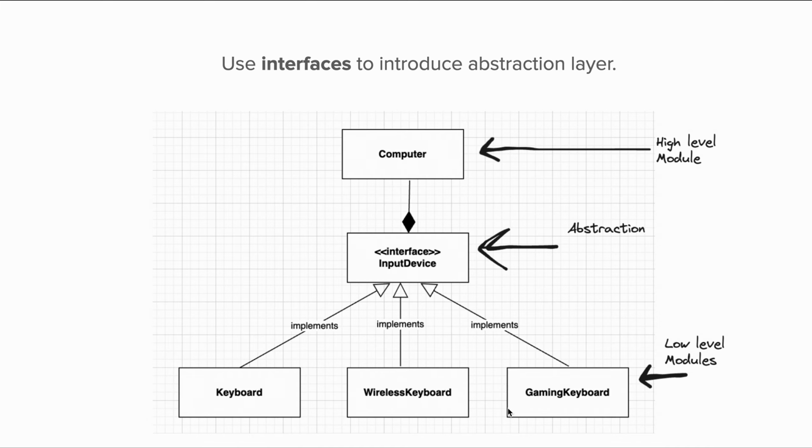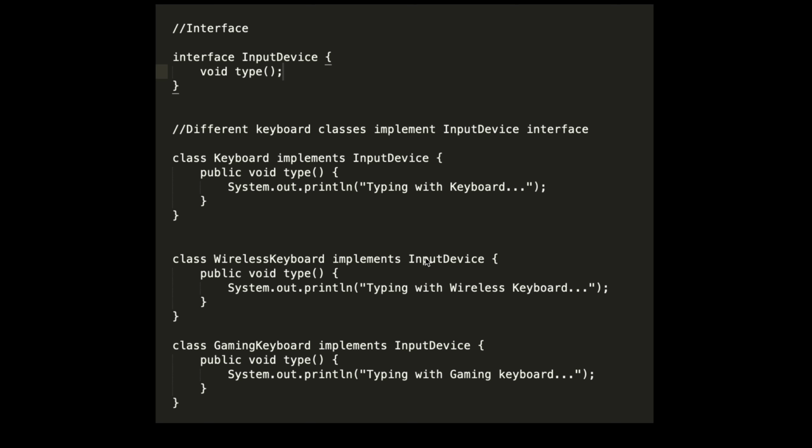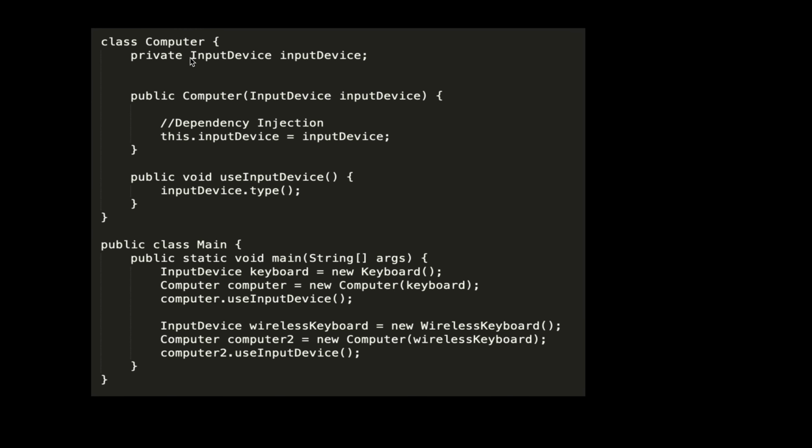Let's see the code implementation after introducing input device interface. So we first define this interface input device, and it has only one method type. So different keyboard classes implement this interface. So keyboard, wireless keyboard, and gaming keyboard, right? And now let's see the computer class, and now you can see computer class no longer cares which keyboard type is being used, right?